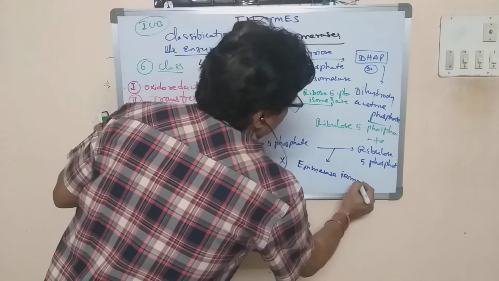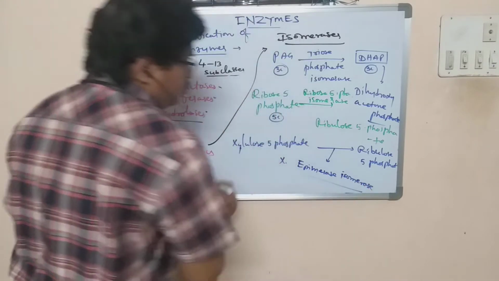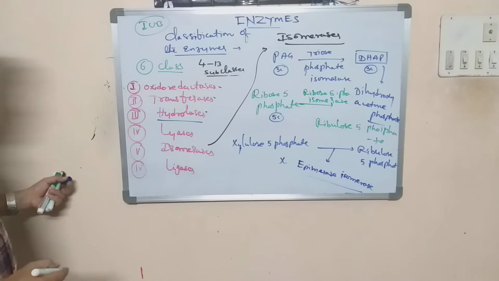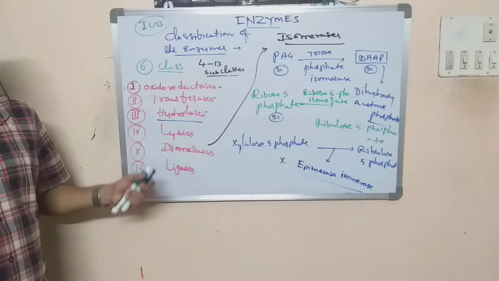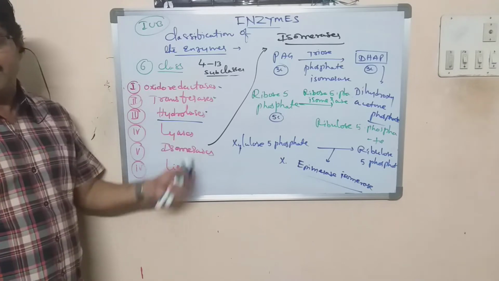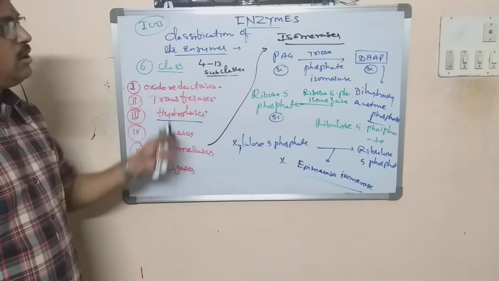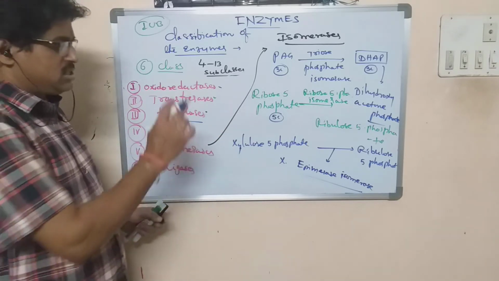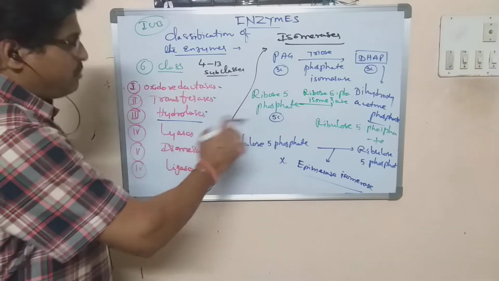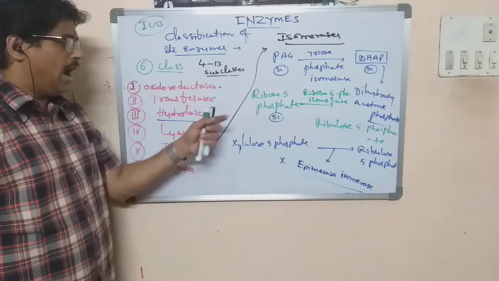So these are the isomerization reactions which take place in this manner: the conversion of one substrate to another form without altering its atomic number, with only the arrangement changing. That is called isomerization.